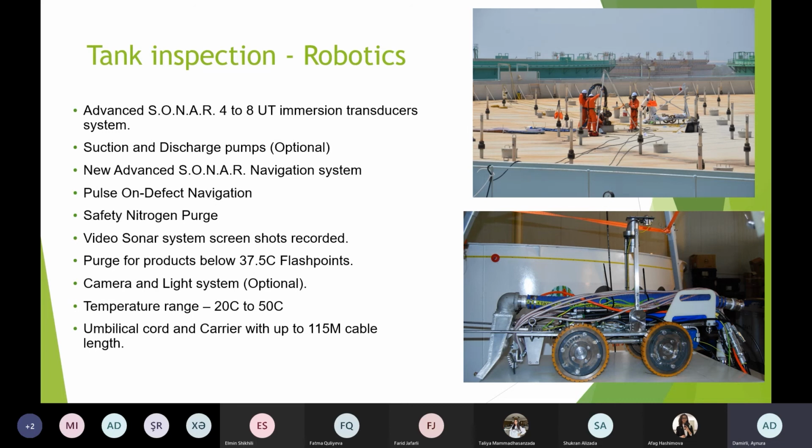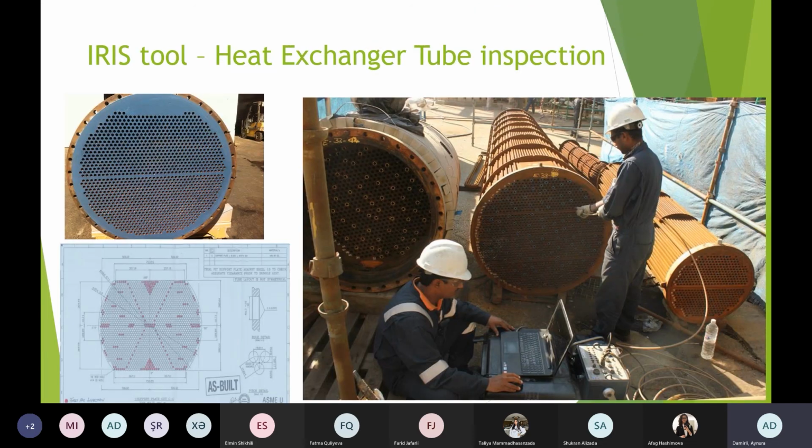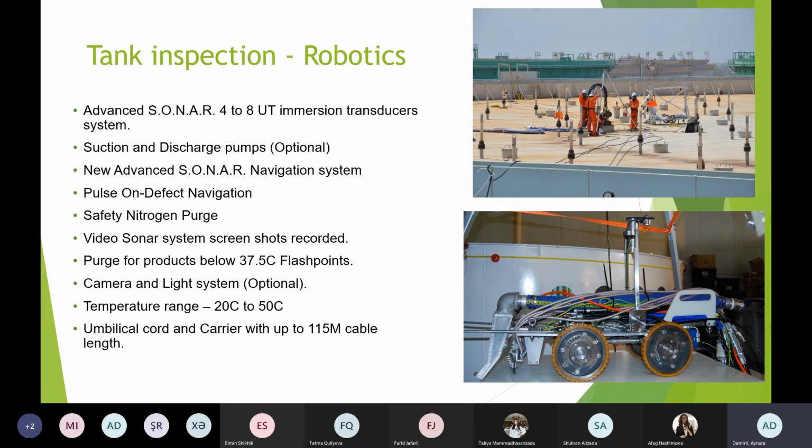And you can see from a process point of view, the tank is operating in normal conditions. Employees are entering the robot from the roof, because the tank is full of oil, and they're standing on the tank roof. It is 96-meter diameter with 20 meters height, full of oil.